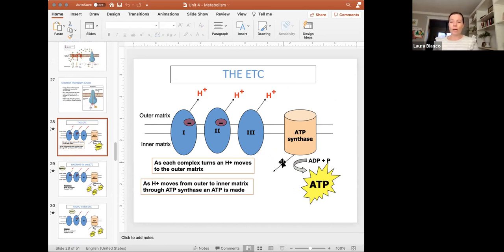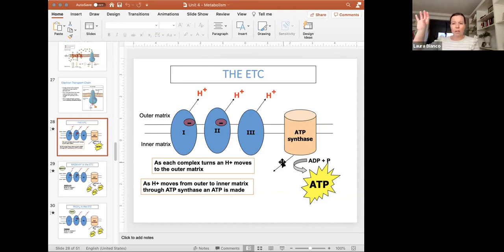There is only one way to get back in. And all of these hydrogen ions do want to get back into the matrix because any atom, any molecule wants to spread out until equilibrium is reached.